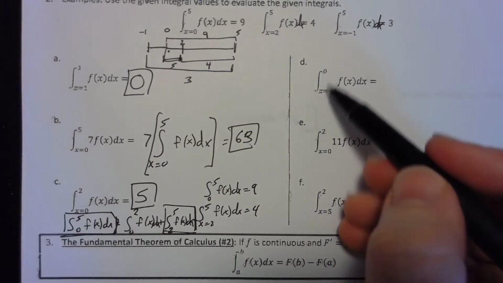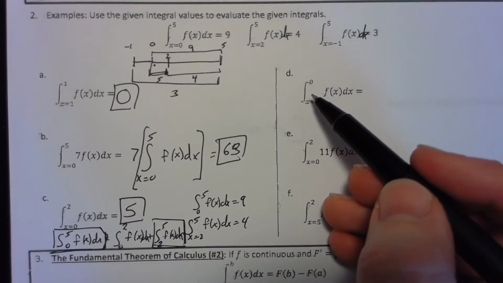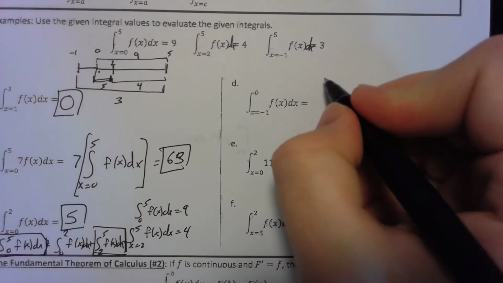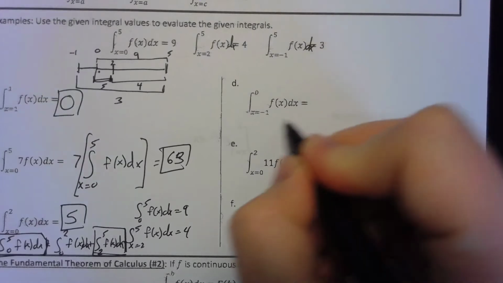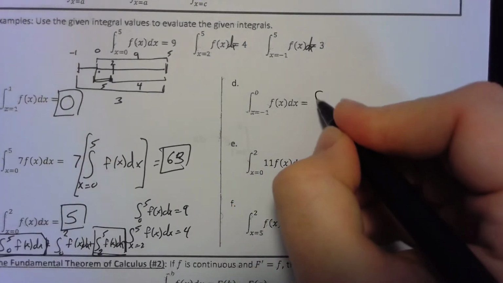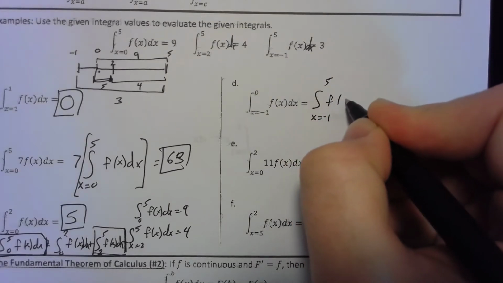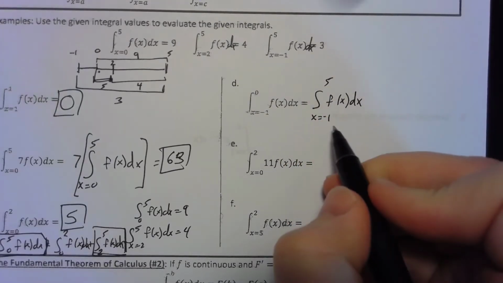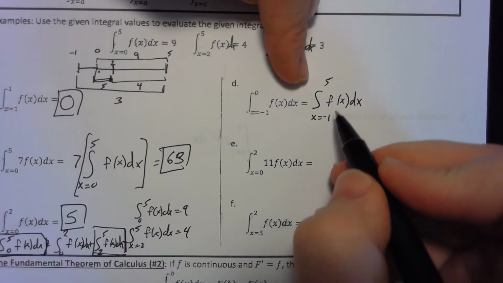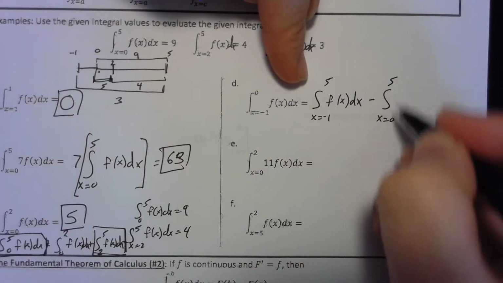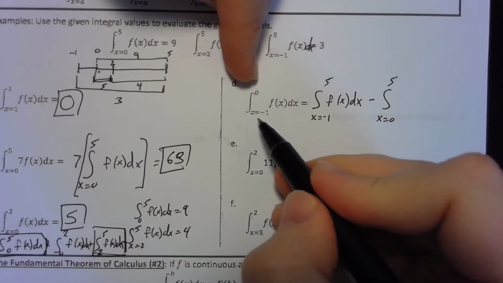Now we're going to go from -1 to 0. The exact same concept applies, but this is going to be a little bit trickier. So I'm going to write out the integrals that I'm working with. This is equal to the integral from x equals -1 to 5 of f of x dx. But I need to remove all of the area from x equals 0 to 5, because again, I just want from -1 to 0.